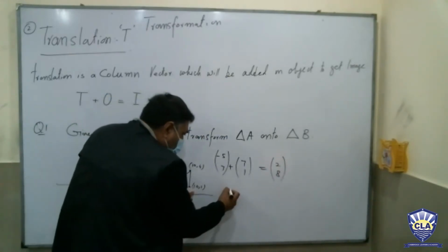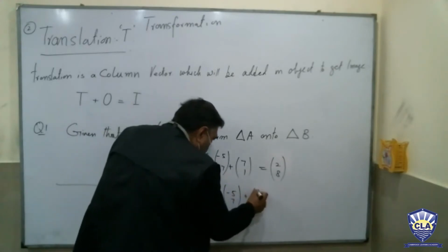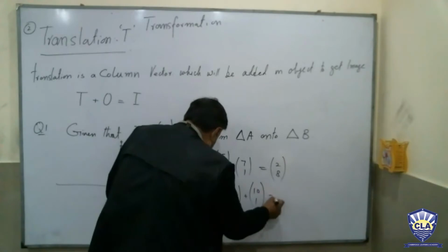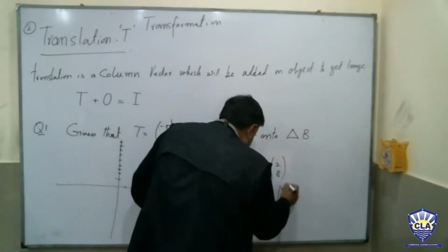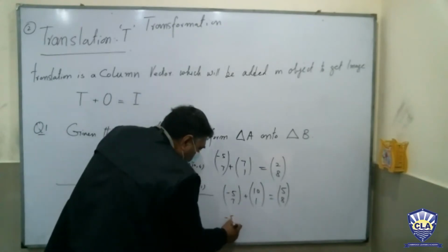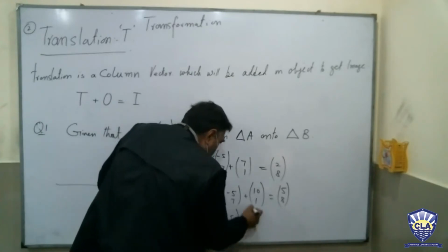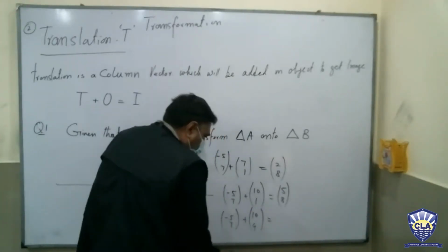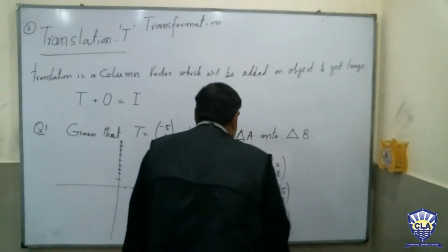Second one is -5, 7 plus 10, 1, which gives 5, 8. And third point, 10, 4 plus -5, 7, which gives 5, 11.